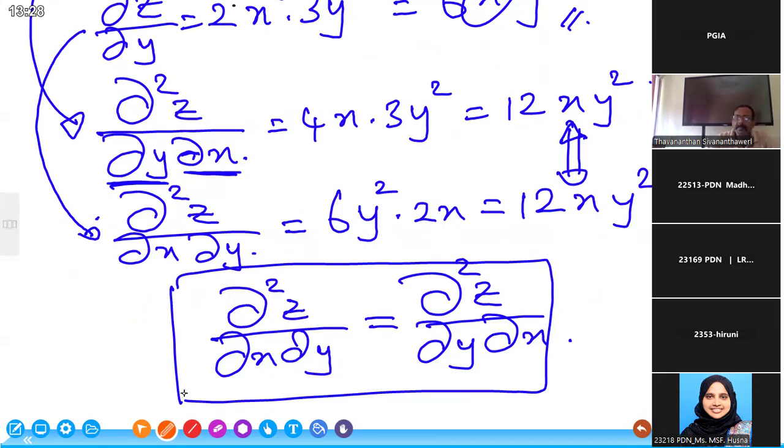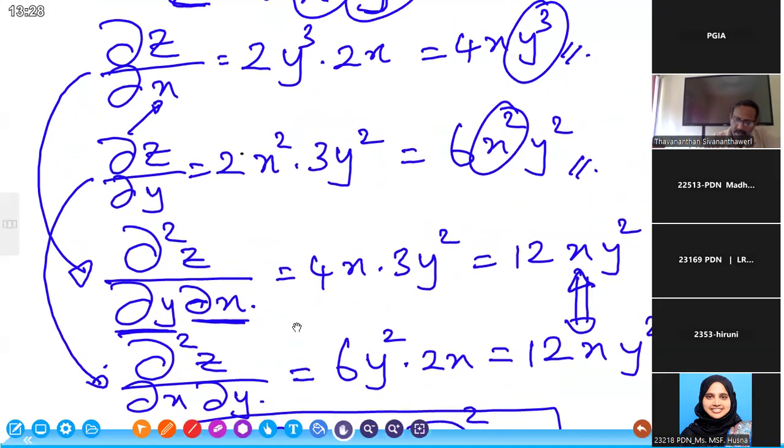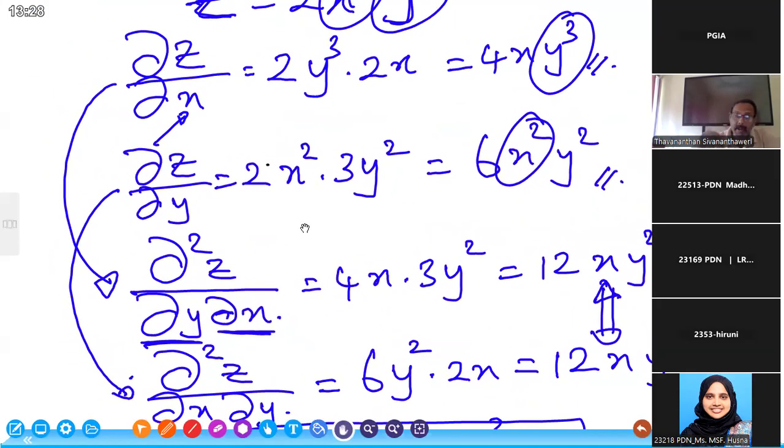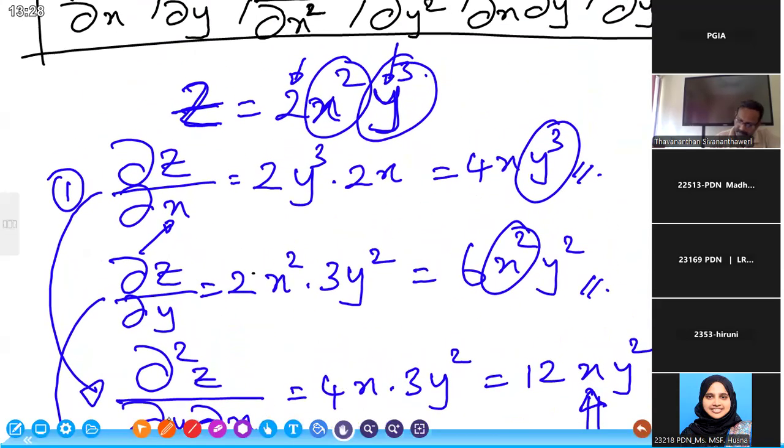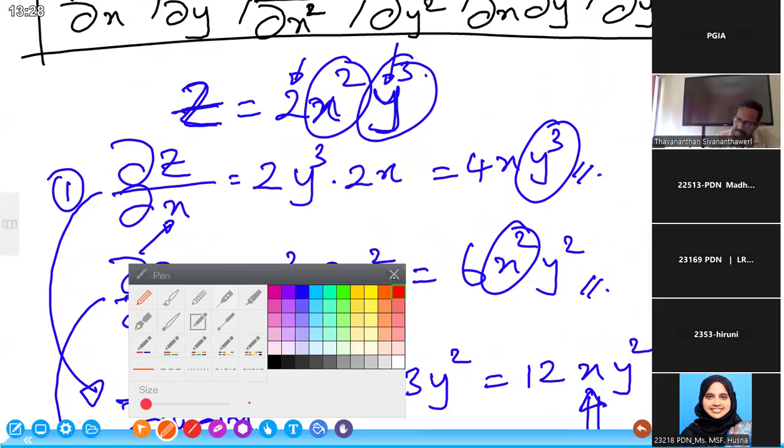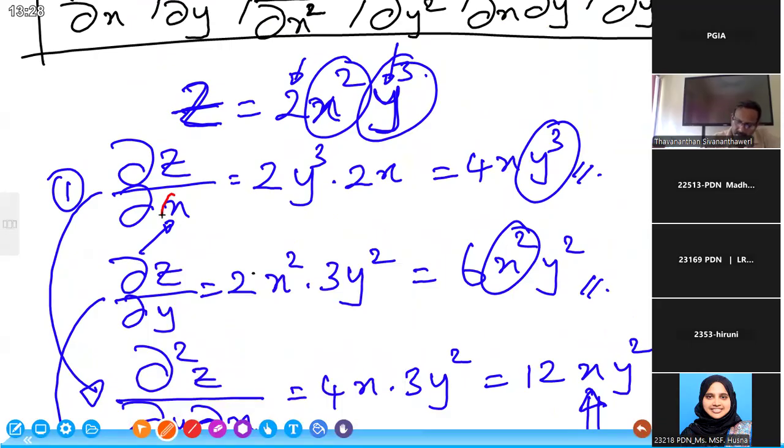Here, differentiating with respect to x is one we have done twice. Can you explain the 2x a bit? I said when you differentiate with respect to x, what is the other independent variable in the function?